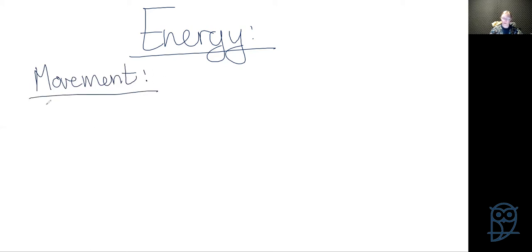So that is our broad category. So now let's go into slightly more detail. Our first kind of energy that can be caused by movement is gravitational potential energy. So it is a bit of a mouthful.